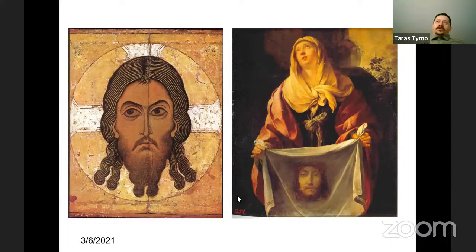In Byzantine iconography, it's 100% the former. You will never see in any traditional Byzantine icons the suffering Jesus or Jesus with the crown of thorns, whereas in Western presentations, it's usually the suffering Jesus, and it's associated with the woman Veronica, who gave this cloth to Jesus on the way of the cross. It has a different interpretation.